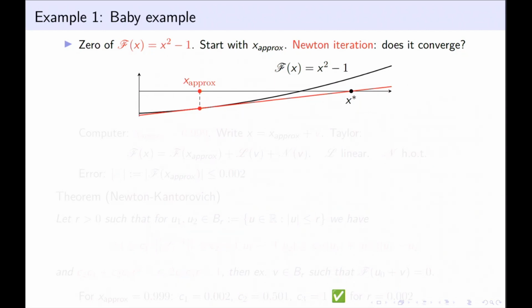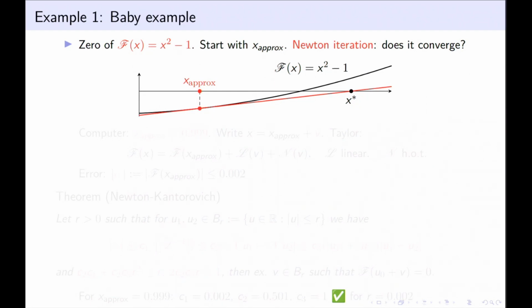And one thing we also learned in high school is you can compute an approximate solution, which I'll always write x approx, also on the next slides. And then you can use this Newton iteration scheme. What Newton iteration does is you start at your approximate solution x approx, and then you take the tangent to your function at the point and see where it intersects the x-axis.